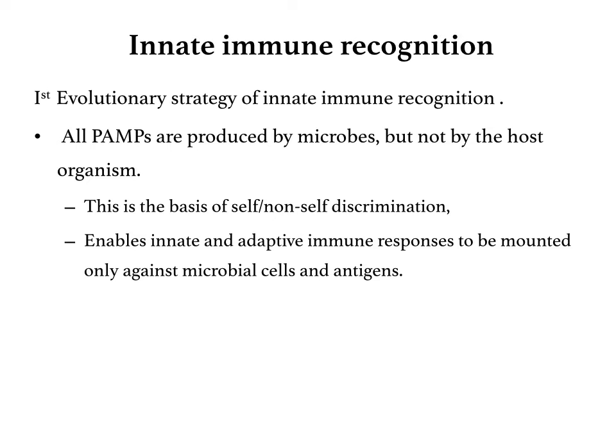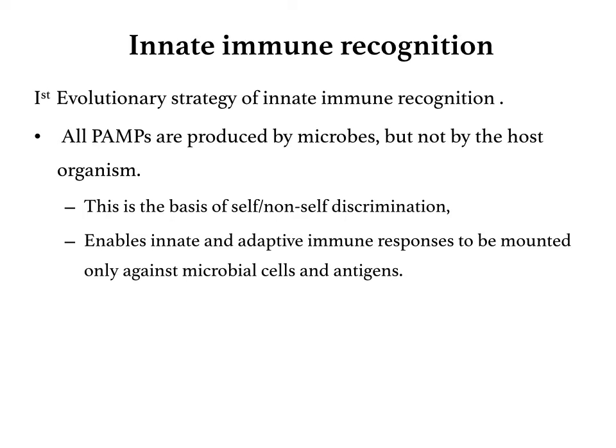Although different pathogen associated molecular patterns are not structurally related to each other, they all share several features that reflect the evolutionary strategy of innate immune recognition. Three such strategies have been evolved. The first is all the pathogen associated molecular patterns are produced by microbes, not by the host organisms.